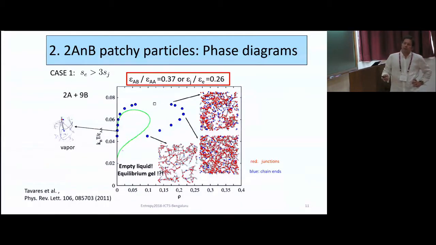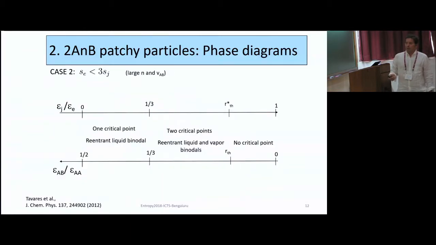So in this model, you have the possibility of having an empty liquid equilibrium gel, even more than in the case of the simple patchy particles. I mean, it's even more striking or different when you go to this case.